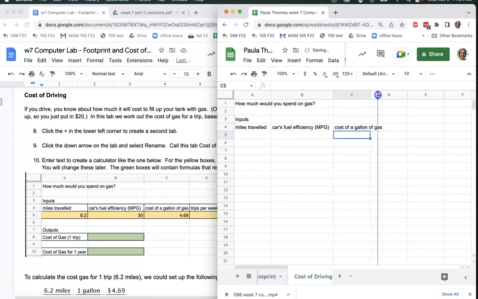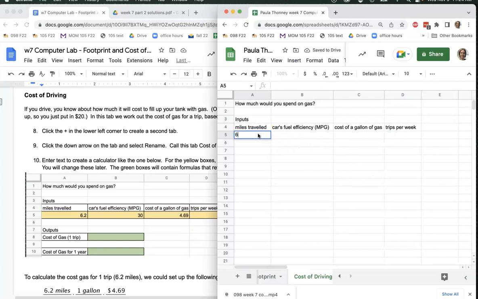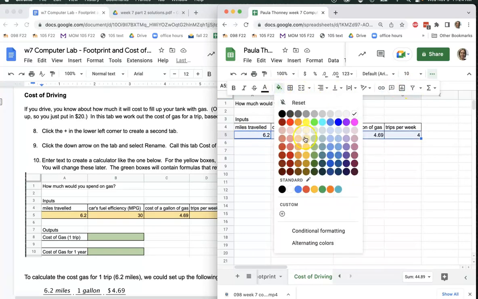Same thing here. Trips per week. And then I can put in the sample inputs. And then I can go in and tell it to create a grid for all of this. And I want these to be shaded in yellow.